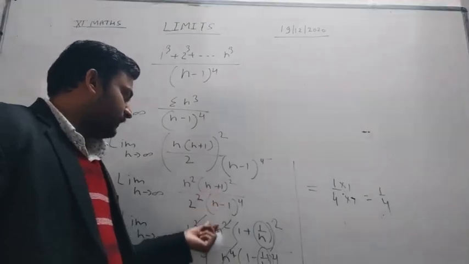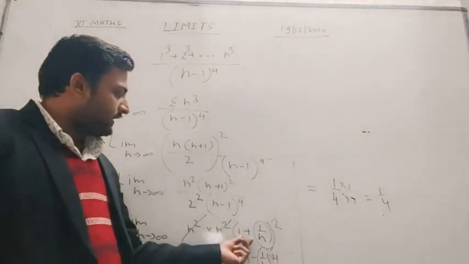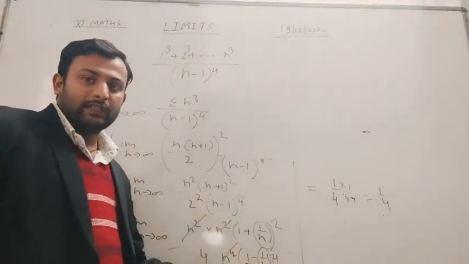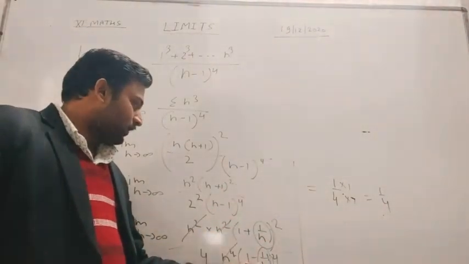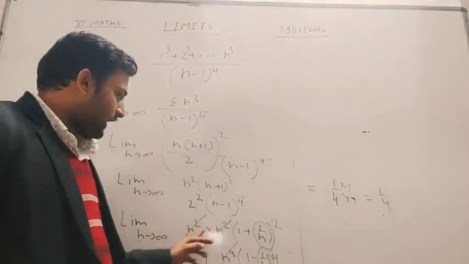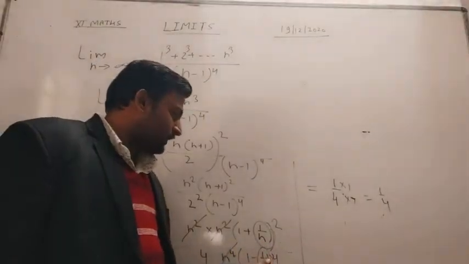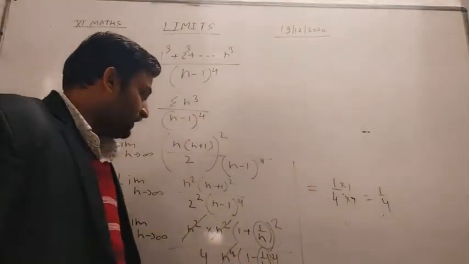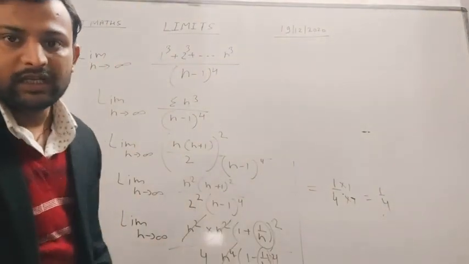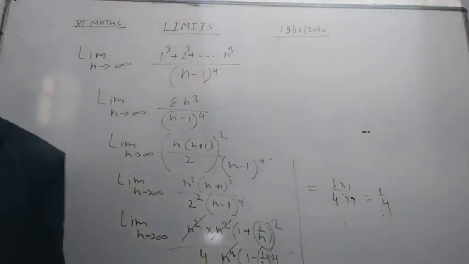We take n outside, so it will take n square, and here we write 1 plus 1 by n. The same process we apply in the denominator, and it will be 1 minus 1 by n to the power 4. And n square will reduce, and this term will be 0, this term will be 0. We get 1 by 4 into 1 into 1, and this is 1 by 4. I hope you understand, students. Now we move to the next question.